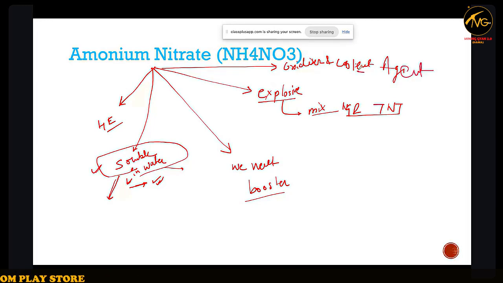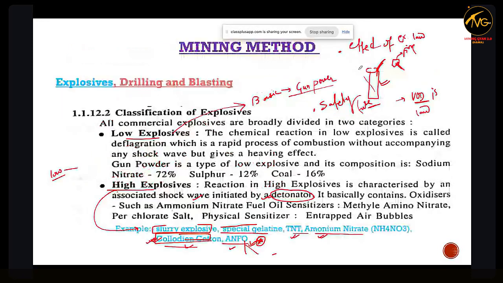Okay, so you should have to prepare 4-5 points on celery, special gelatin, TNT, ammonium nitride I have already discussed, NFO. So if question comes you know, or you will also know whenever you go in the industry, you should also know.